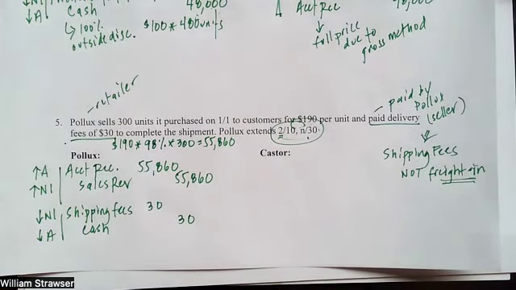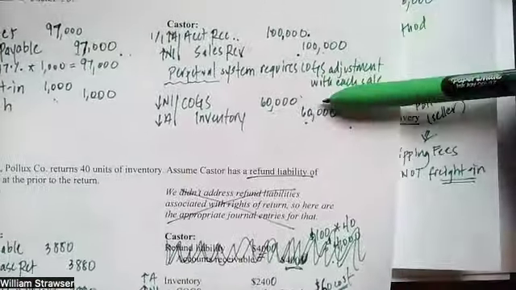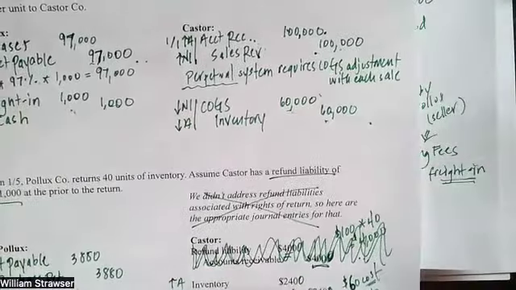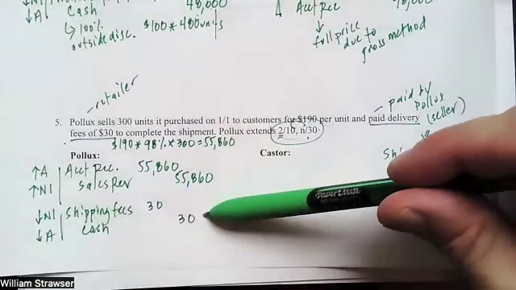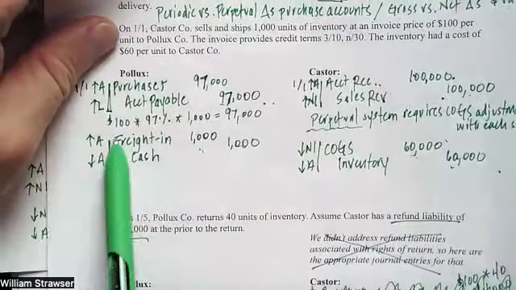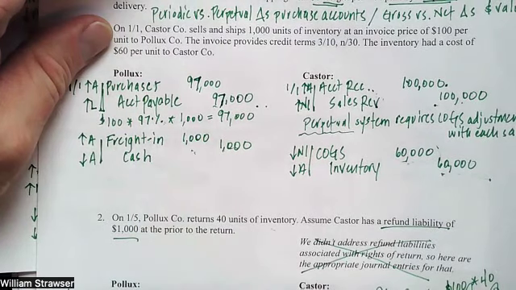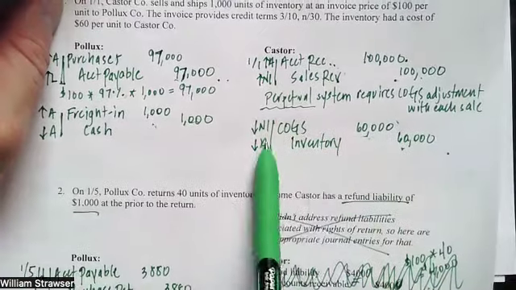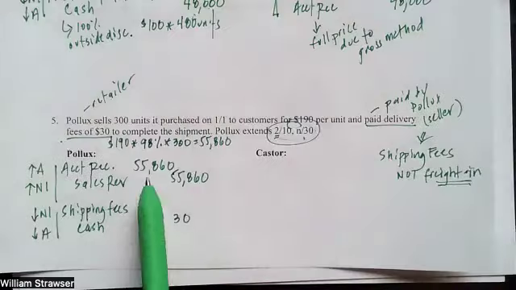Now, the one thing that's different between Castor when it made its sale and Pollux here is, well, first the shipping, because the shipping was on the seller for Pollux, right? So they had to pay the shipping fees. Whereas over here, Pollux was the buyer and it paid the shipping fees as the buyer. So there's a difference. The other difference is I am not going to record cost of goods sold and inventory as I did down here.